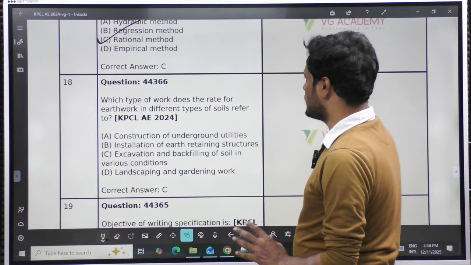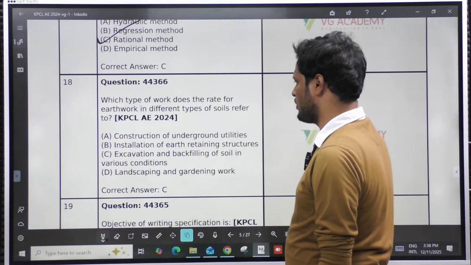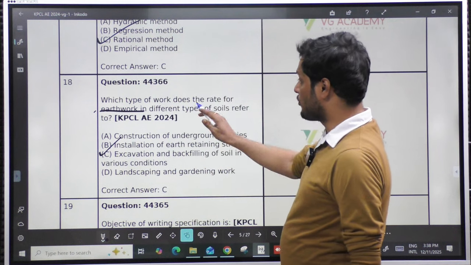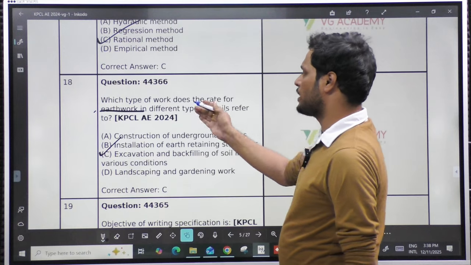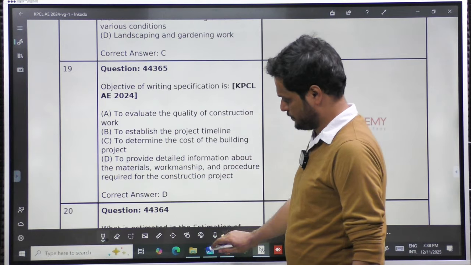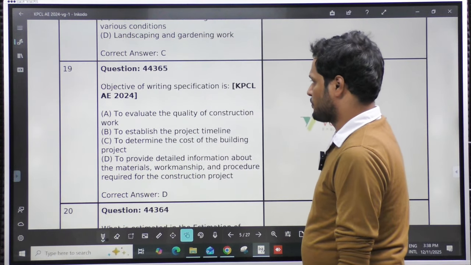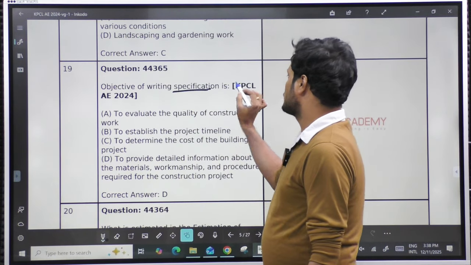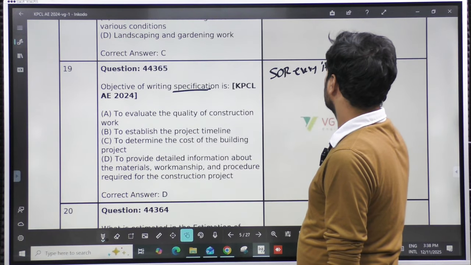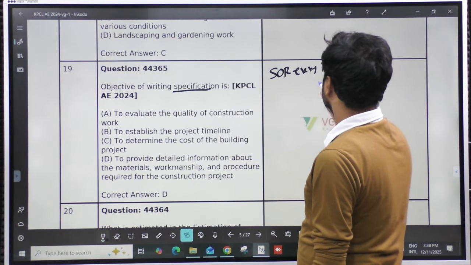Which type of work does the rate for earthwork refer to, in different types of soil? It can be excavation or backfilling. Objective for writing the specification: in our schedule of rates, every item will have a specification.